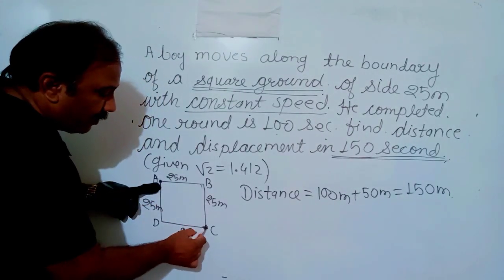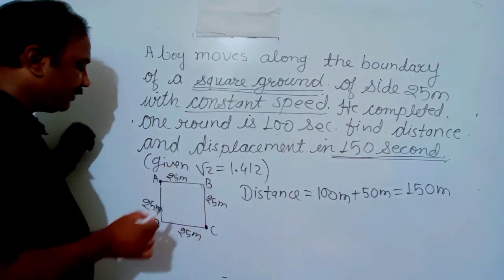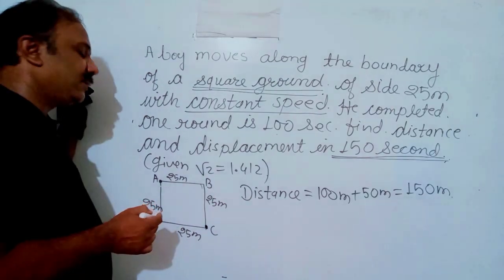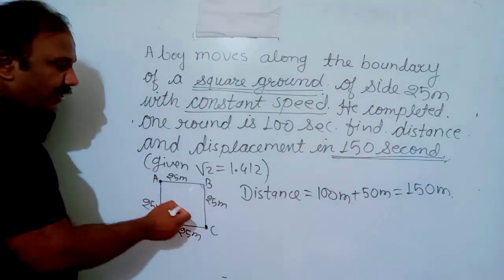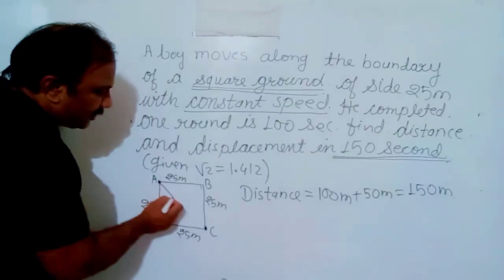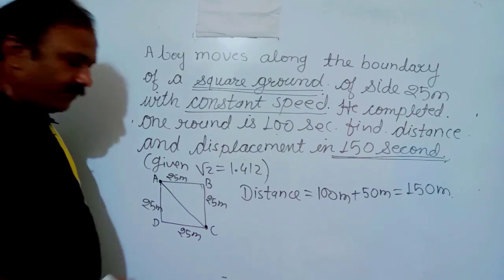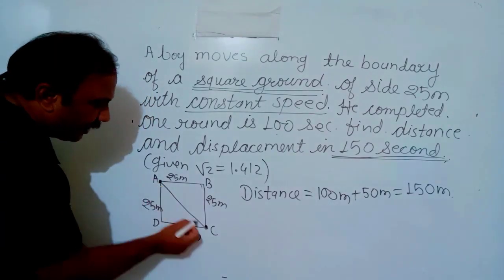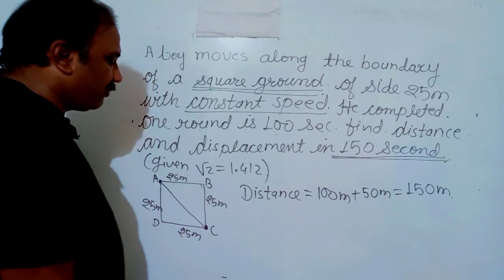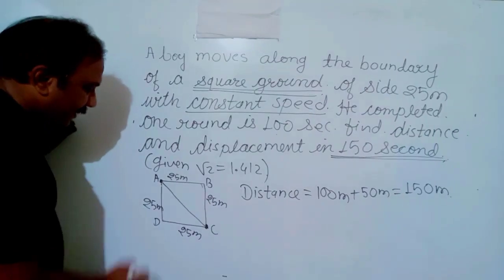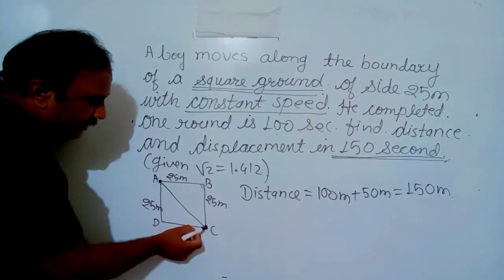Now what is displacement? As we know, displacement is the shortest path between initial and final position. So this is the initial position of the boy and this is the final position of the boy. So displacement is AC.